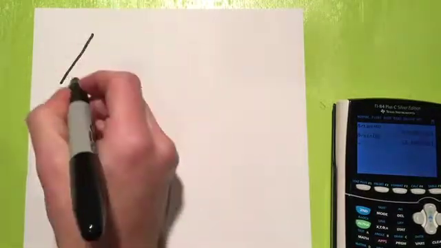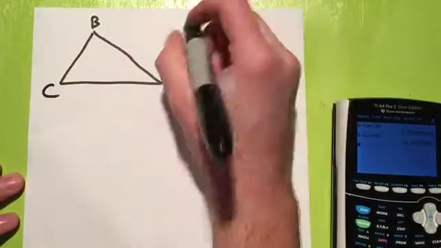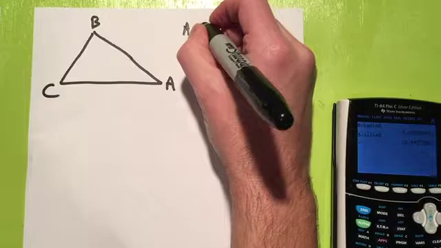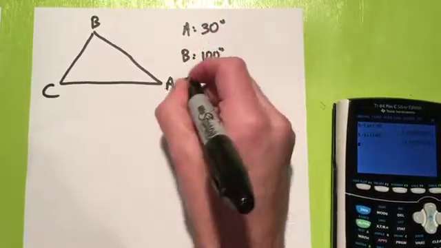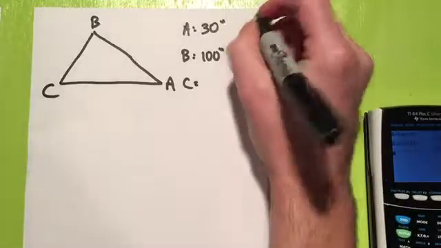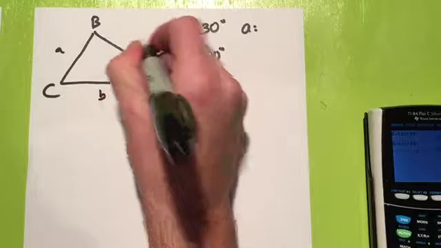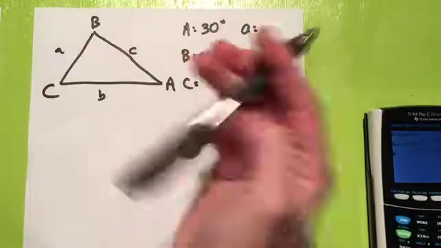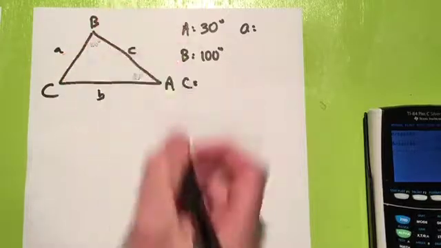I don't want to do that example. Start fresh. A, B, C. Let's say A is 30 degrees. B is 100 degrees. That leaves us C. 30 degrees, 100 degrees.